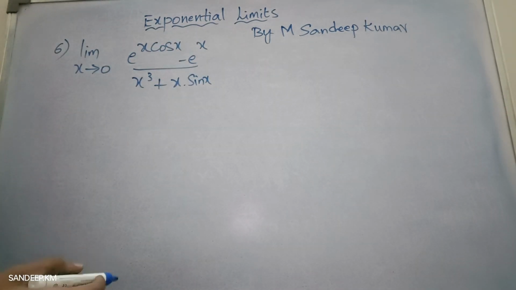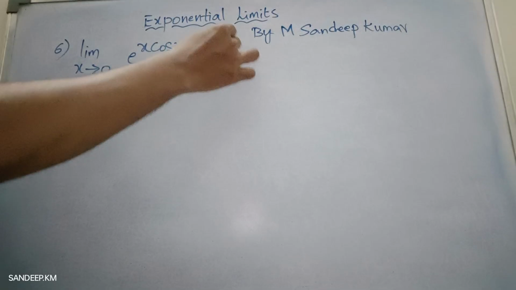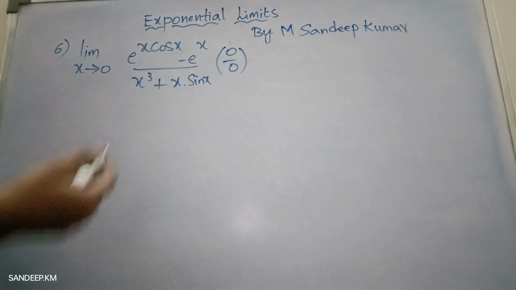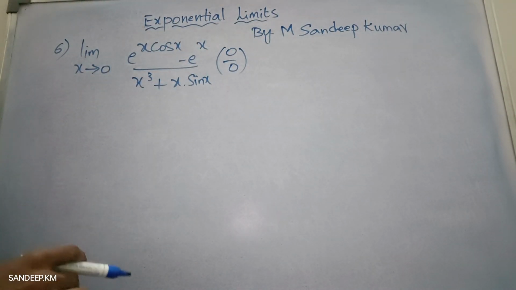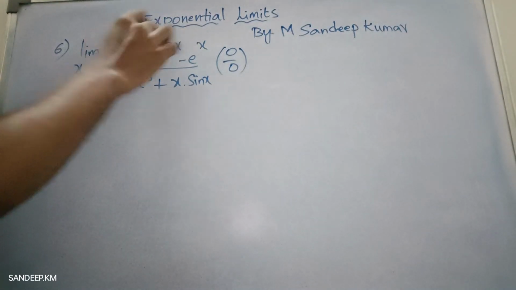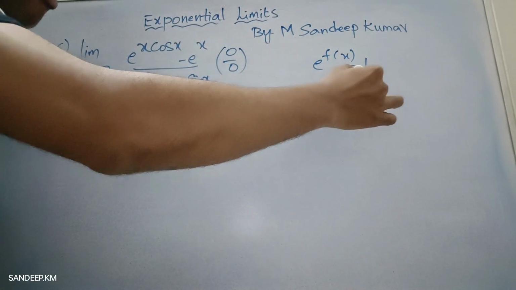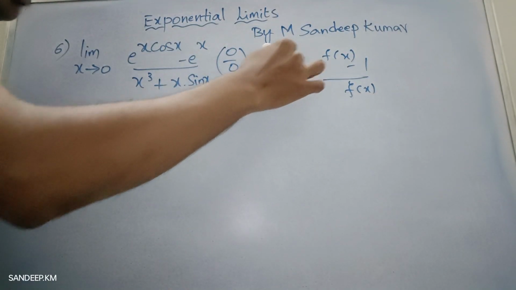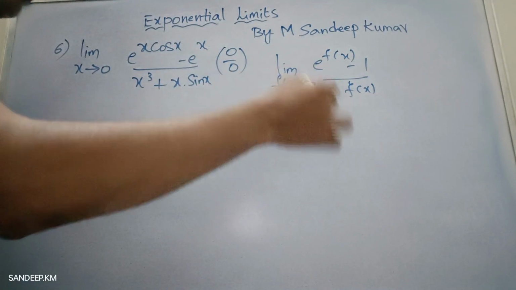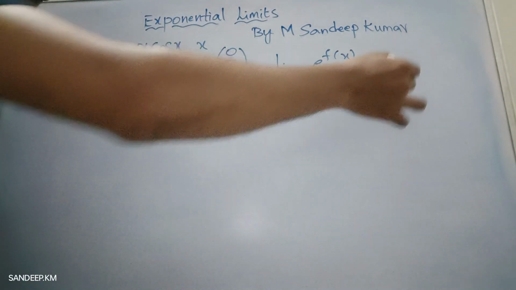Our next question, this is also obviously in 0 by 0 form if you substitute x as 0. See once again, I'll try to convert the given question in the form of e power f of x minus 1 by f of x. Limit f of x approaches 0, e power f of x minus 1 by f of x is 1.